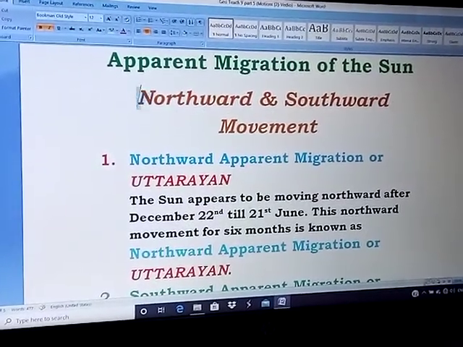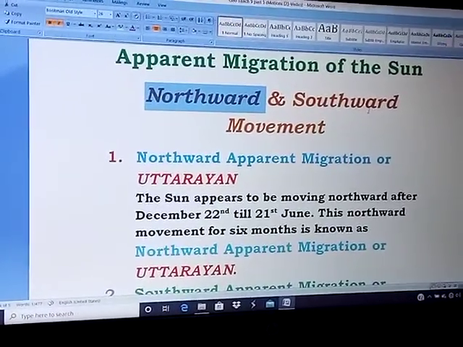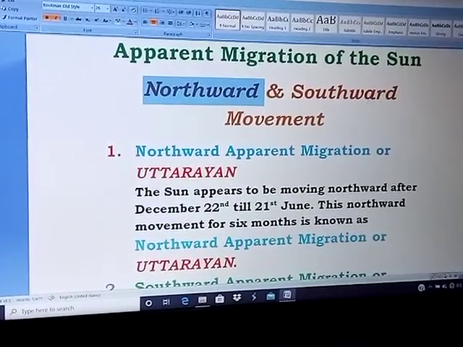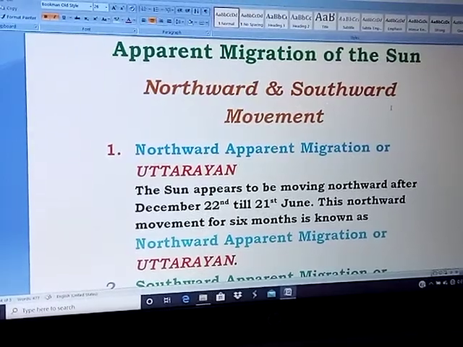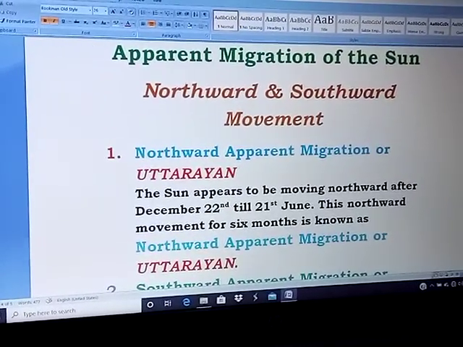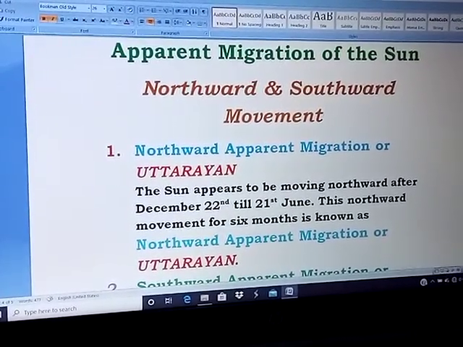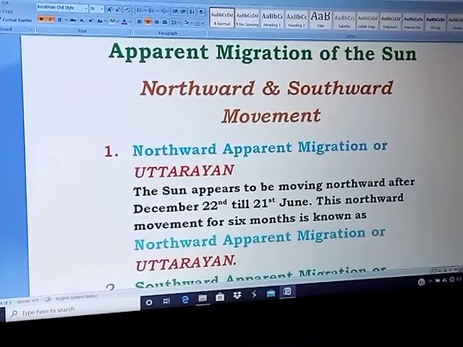Now try to understand the term northward. That means it is moving towards the north from the southern hemisphere. So around this time the sun is overhead at the tropic of Capricorn in the southern hemisphere.